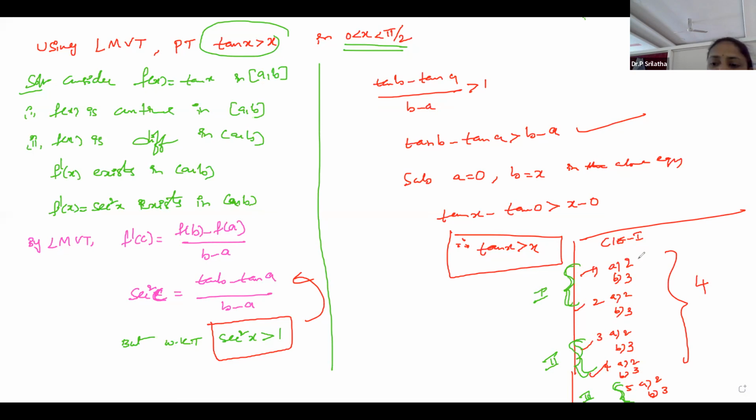So first question is 2 marks and second question is 3 marks. All those questions will come from the question bank only. Part A has 10 questions, part B 20 questions, part C 20 questions, total 50 questions, isn't it?